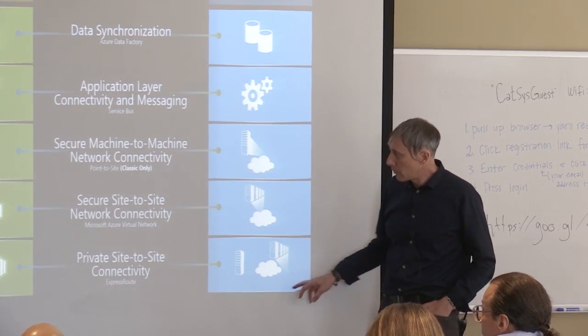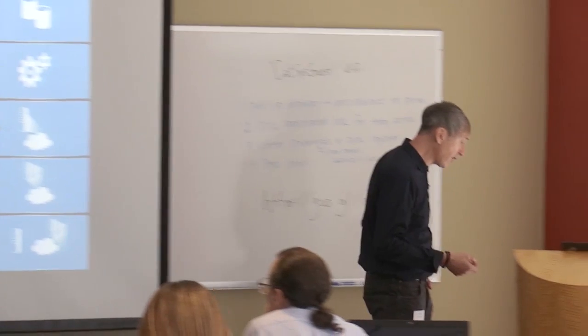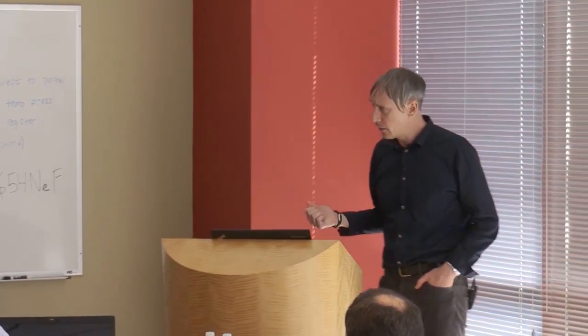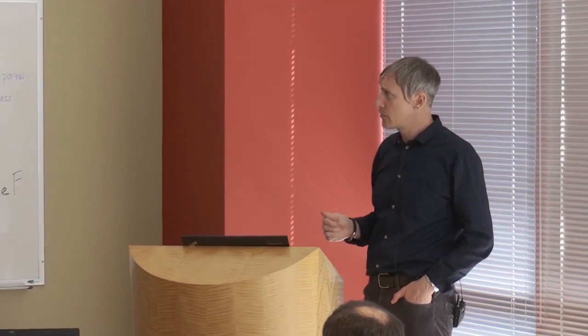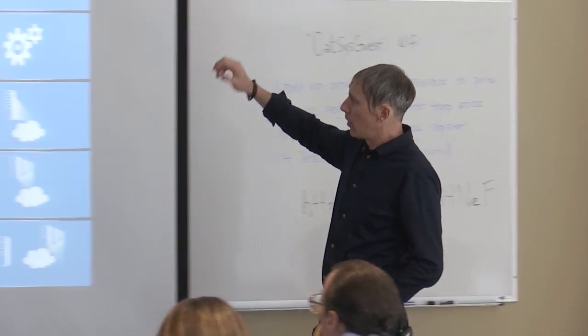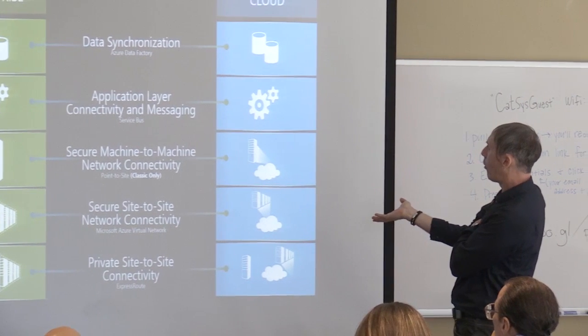ExpressRoute, you're going to see a few more slides, but that's a dedicated link that you're buying or renting per month. It's a service which has higher SLA, higher performance. And then at the top there, data synchronization, that's a separate form of connectivity.